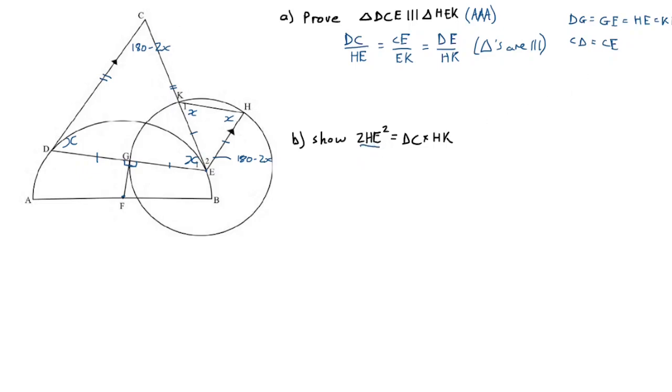For starters, what I like to do when I'm trying to prove something complicated is just look, where do I see those letters in what I've already proven? So there's the DC, the HK is down here, there's a HE here, and I'm missing another 2 HEs, and I'm missing a DE. And so it seems pretty clear from what's going on that we're going to be using these two fractions. So let's dive into the question with that and just see where it goes.